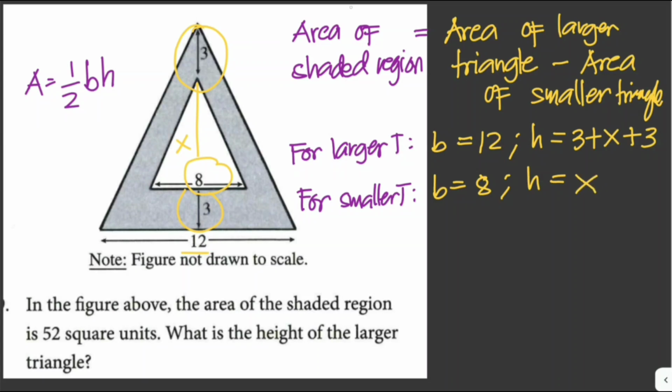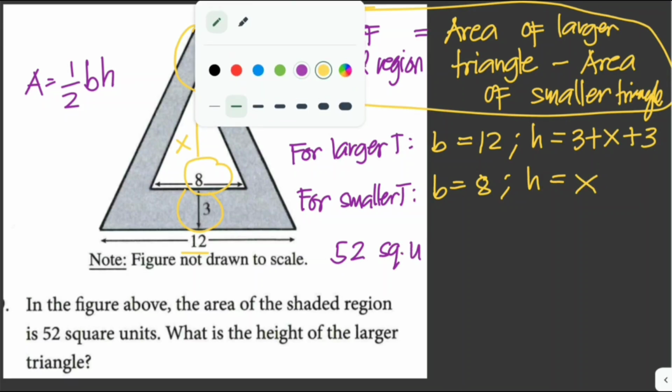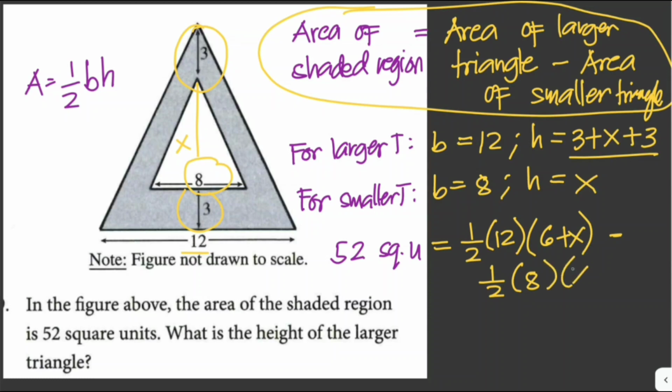And now we can plug everything into our equation for the area of the shaded region. Since we are given the area of the shaded region, which is 52 square units, 52 equals the area of the larger triangle, which is 1/2 times the base, 12, times the height, which is 6 plus x, minus the area of the smaller triangle, which is 1/2 times the base, 8, times x.